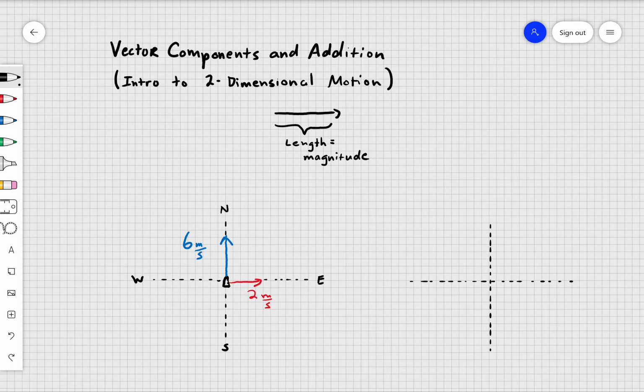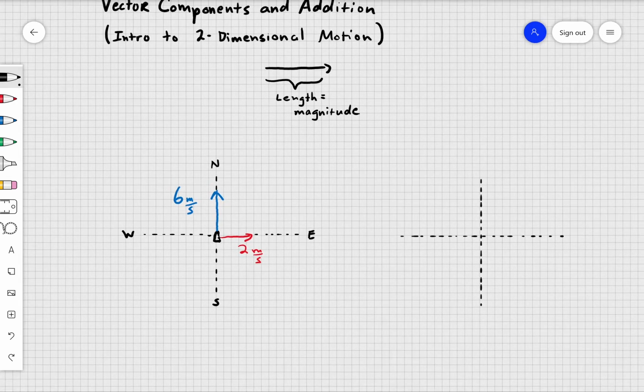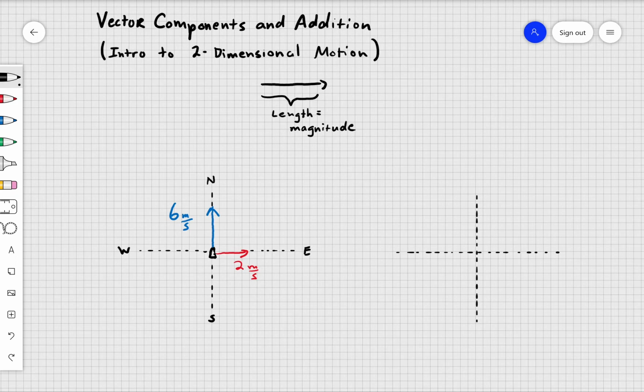The length represents the magnitude of that vector. So if I wanted to add these two velocity vectors on this boat graphically, I would set up a scale to represent 6 meters per second. For instance, 1 centimeter is equivalent to 1 meter per second.